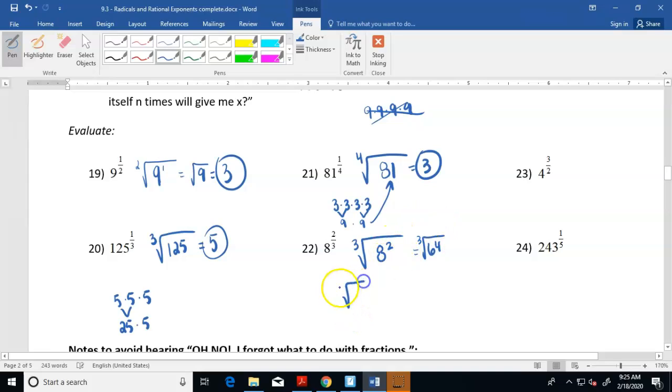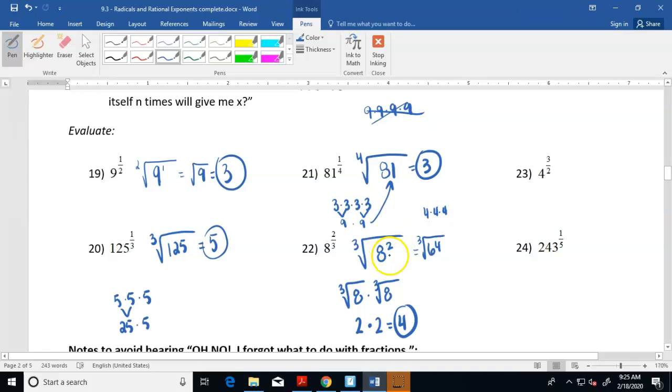You could write it as the cube root of 8 times the cube root of 8. What did you just tell me the cube root of 8 was? You said 2. So 2 times 2 would give you 4, and that would be the answer. Or you can do 64 and say 4 times 4 times 4, and that's 64, so you get 4 there as well.